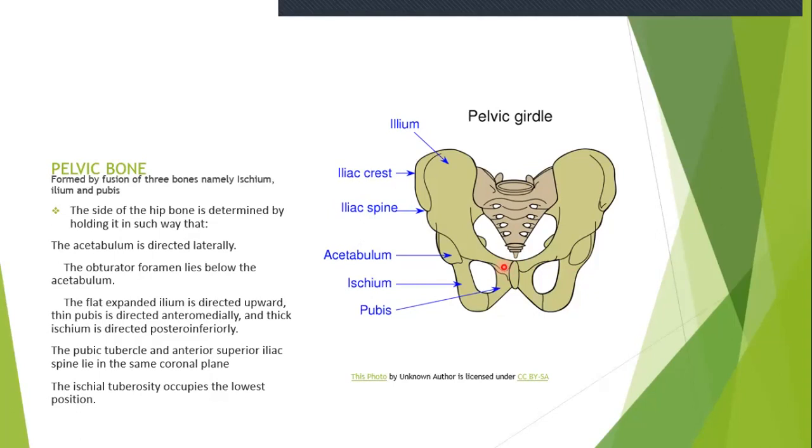The pubic tubercle and the anterior superior iliac spine should lie in the same coronal plane. And the ischial tuberosity, the part which you sit on, should occupy the lowest position. So by using those procedures, you can be able to side like this.